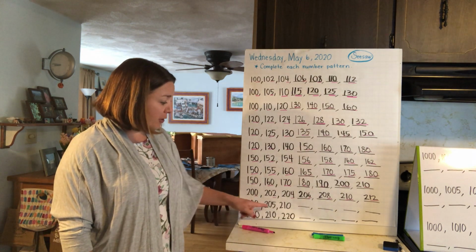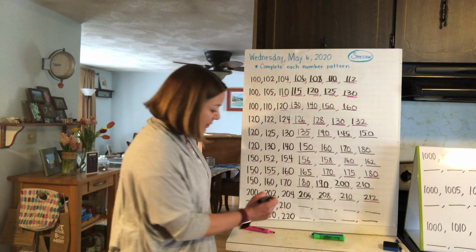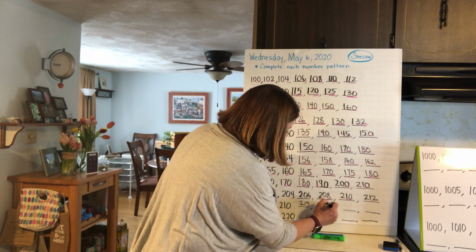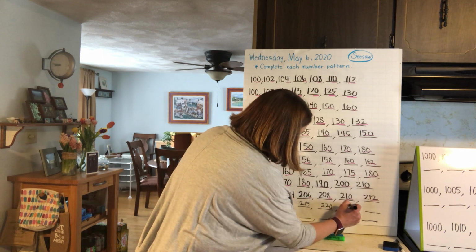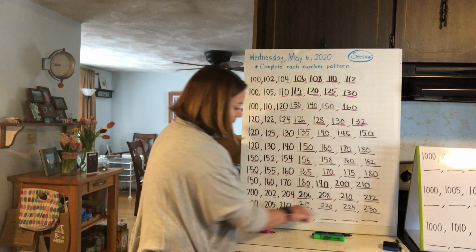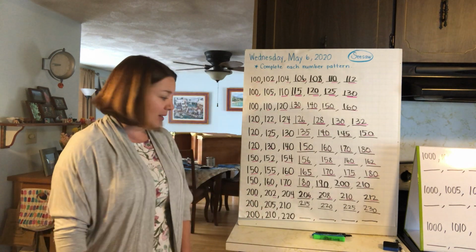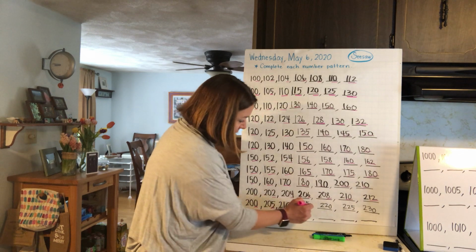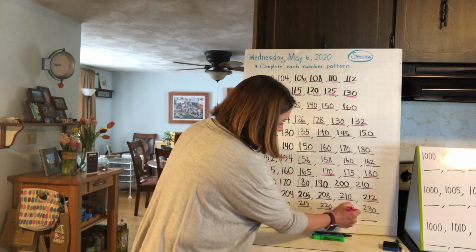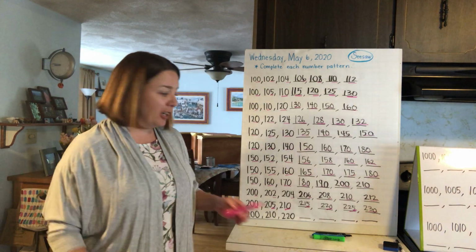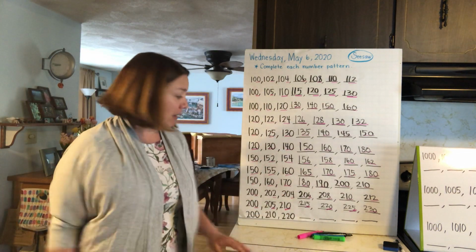So 200, 205, 210, 215, 220, 225, 230. Go back and find the parts for counting by fives. What do you hear? 0, 5, 10, 15, 20, 25, 30. If you can remember that basic pattern, you're going to be able to count all the way to 1,000,000.